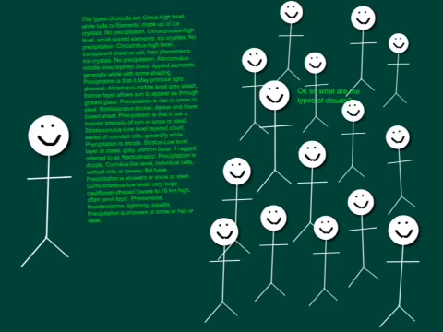Okay, so what are the types of clouds? The types of clouds are the cirrus cloud, which is a high-level cloud made of ice crystals with no precipitation. The cirrocumulus cloud, which is also a high-level cloud with ice crystals and no precipitation. There's the cirrostratus, which is a high-level cloud, and it kind of looks like a sheet of ice because you can see straight through it.